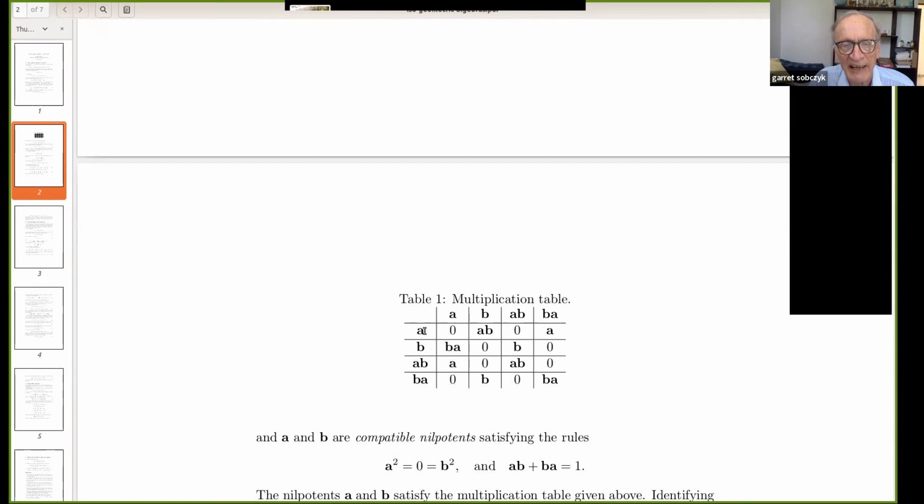So you have A squared is 0, A times B is AB, A times AB is 0 because A squared is 0 times B. And you have ABA. Well, you get A back again. And then for B times A is BA, B squared is 0, BAB is B, B squared A is 0 because B squared is 0, and so on. So it's a very easy multiplication table.